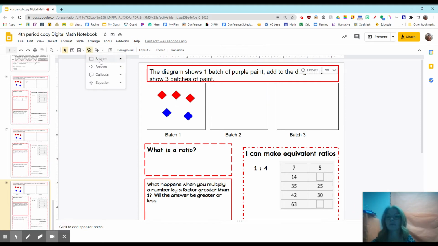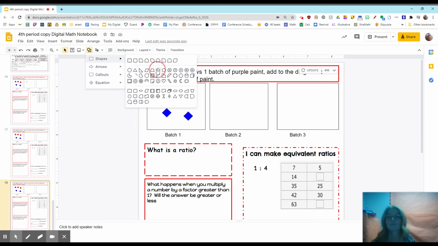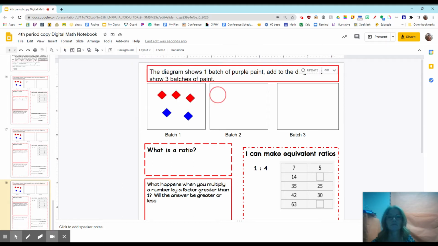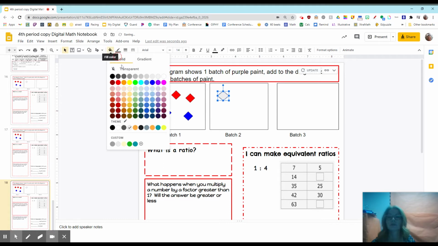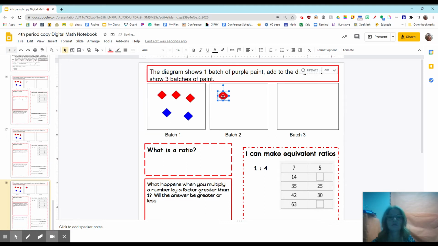I'm going to get a shape. I'm going to make it smallish. I'm going to make it red. Let's see if this works. I'm going to Control C, and then I'm going to Control V several times. I think that's enough. 1, 2, 3. 1, 2, 3.